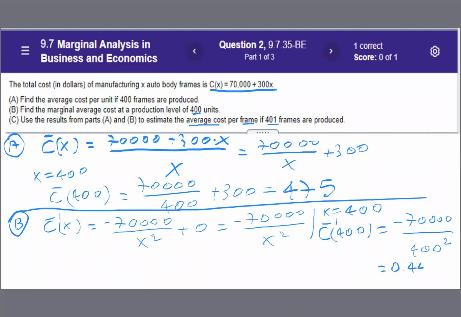I rounded to the nearest cent. I will not have room to answer C, so let me do some adjustments here.